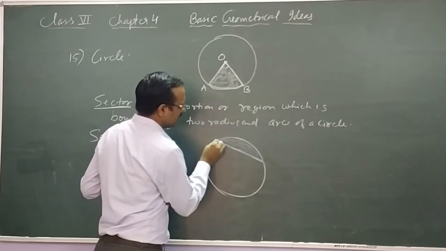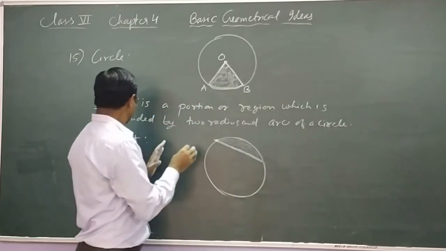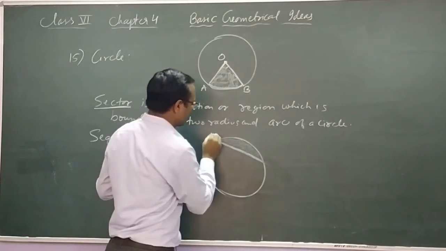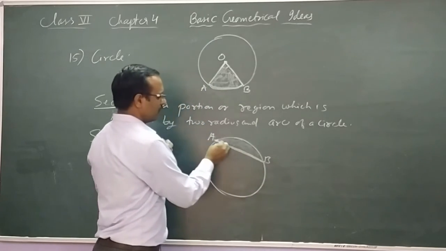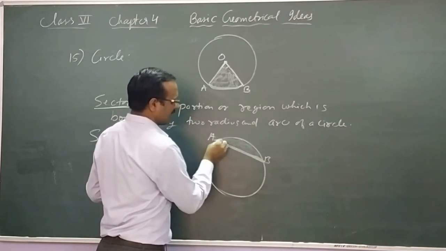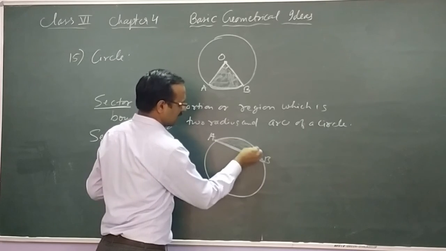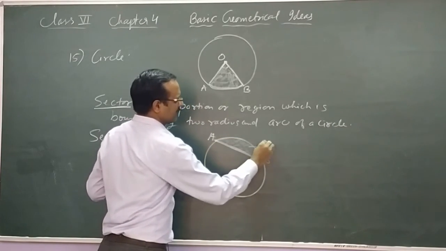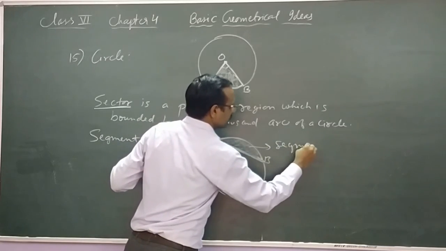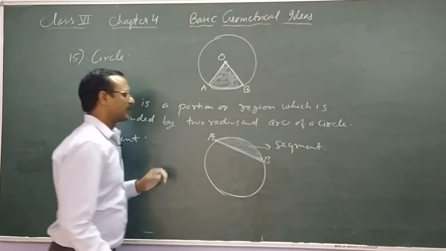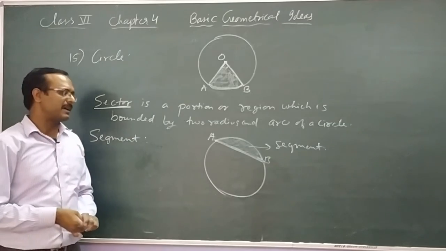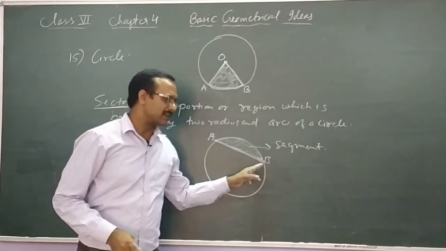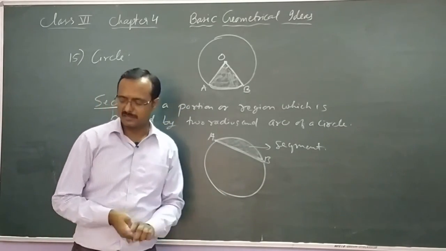You can say this is a chord. If I break by a line like this, and this is an arc, and this is called a chord, the region between them is called a segment. So a segment is a portion surrounded by an arc of a circle and a chord of a circle.